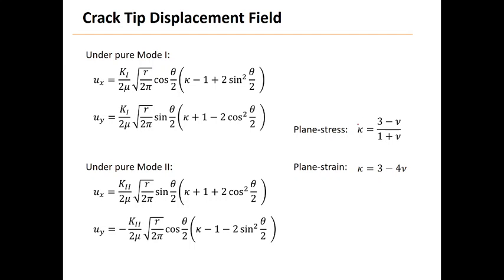I wrote kappa here, which appears in these equations. It is related to the Poisson's ratio nu. If you have plane strain, it's going to be like this. If you have plane stress, then kappa is this. So the expressions are the same, just that kappa has changed. Basically, what you get from the crack tip stress field and the crack tip displacement field are these expressions, and we express them in terms of the stress intensity factor.